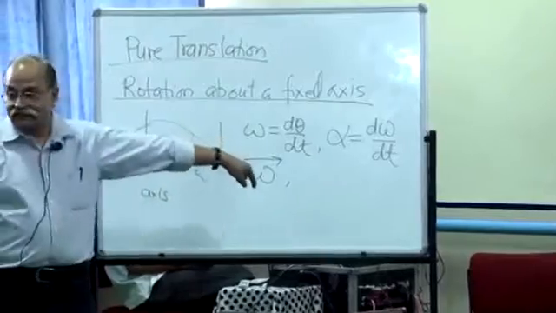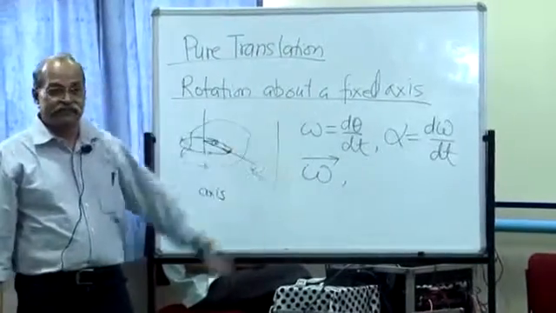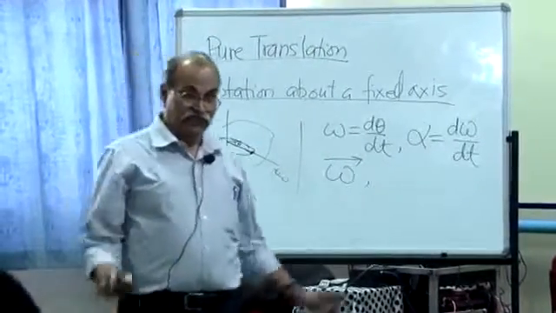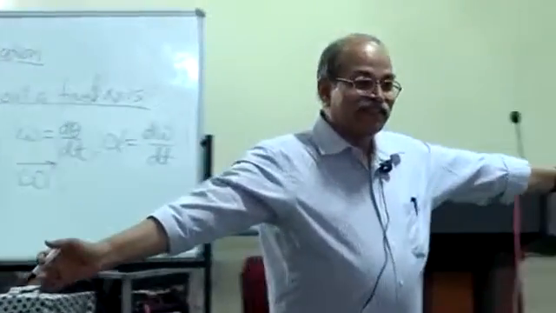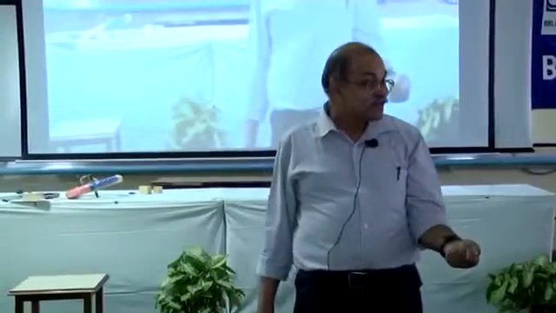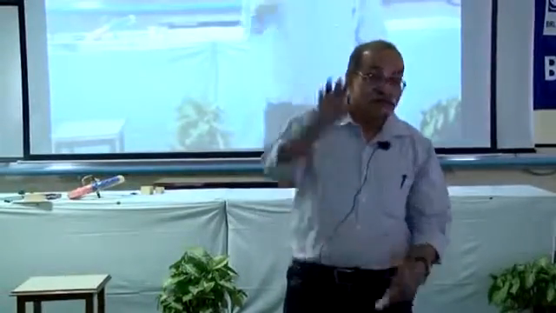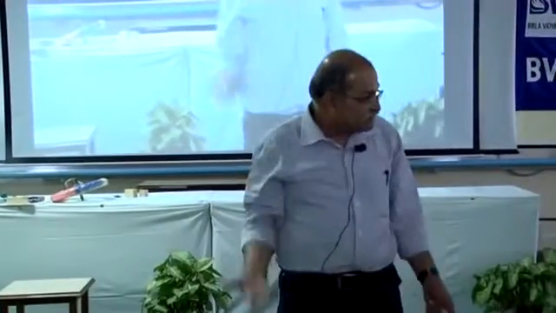Angular velocity, angular acceleration, these are all definitions. The law, the dynamics, comes when I say how that angular acceleration is produced. v equal to dx by dt is just a definition. a is dv by dt, just a definition.